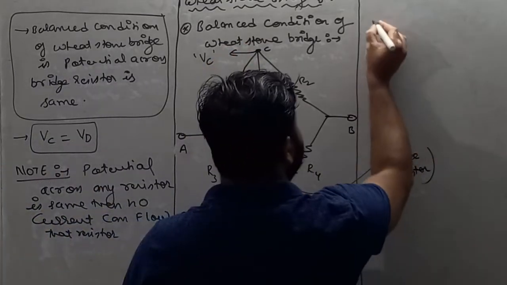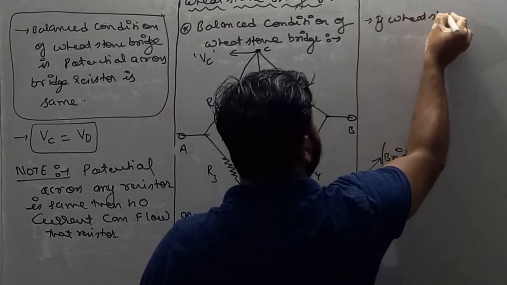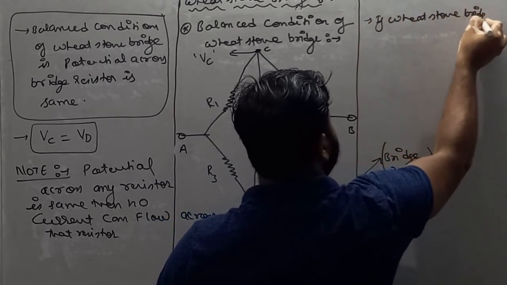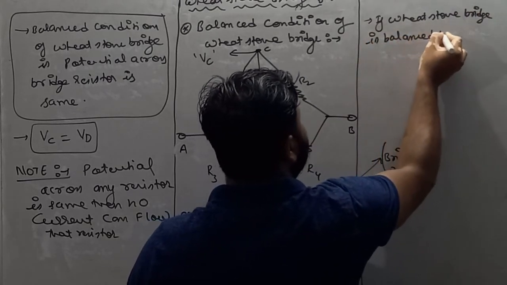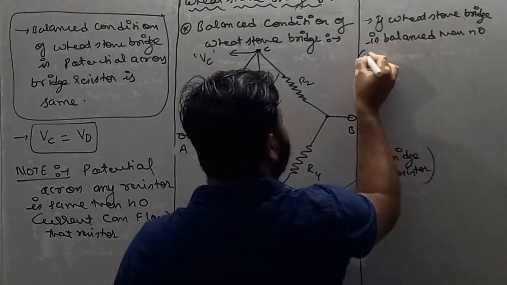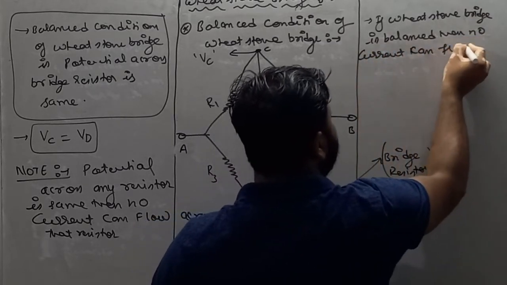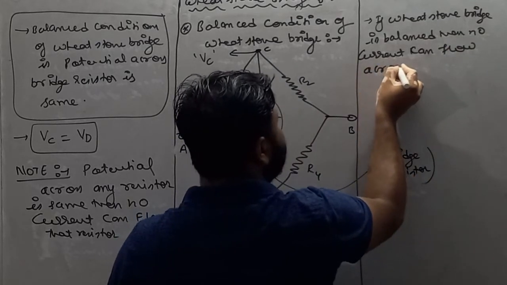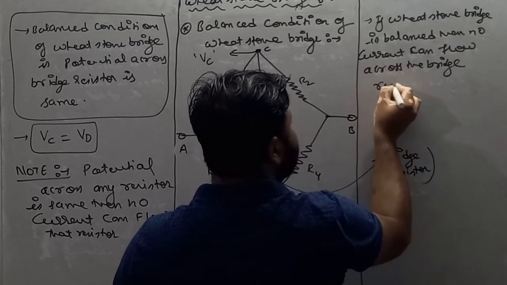So I'll write here: if the Wheatstone bridge is balanced, then no current can flow across the bridge resistor.